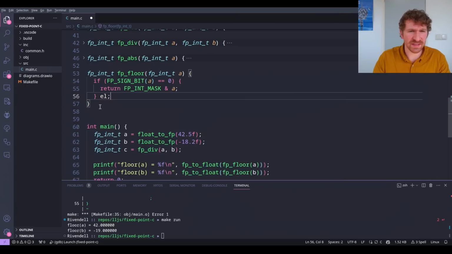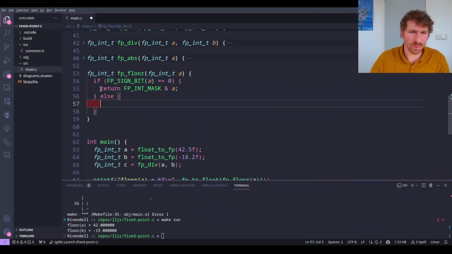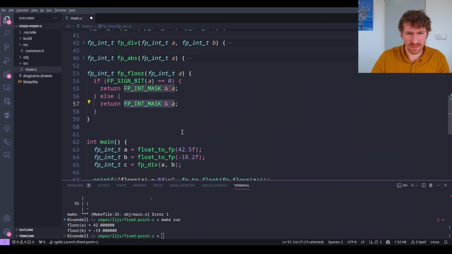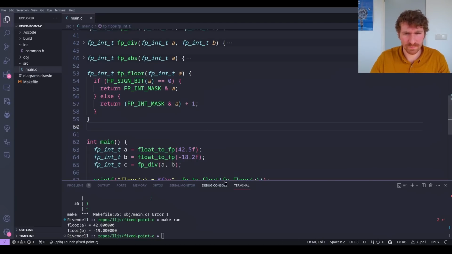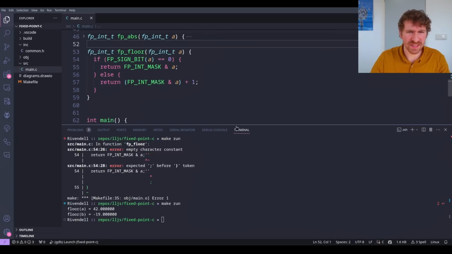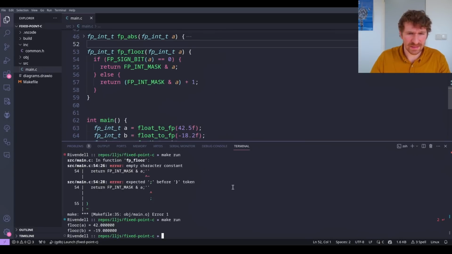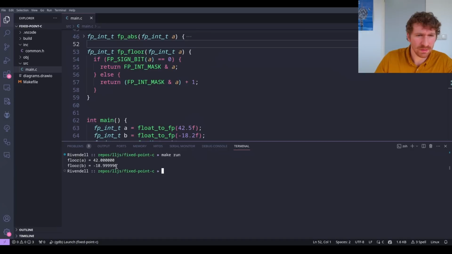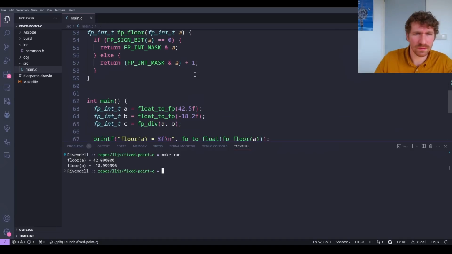And if it's negative, then we will do the same thing, but we'll add 1. Right, this makes sense. So let's make run. Okay, and of course we can't just add 1.